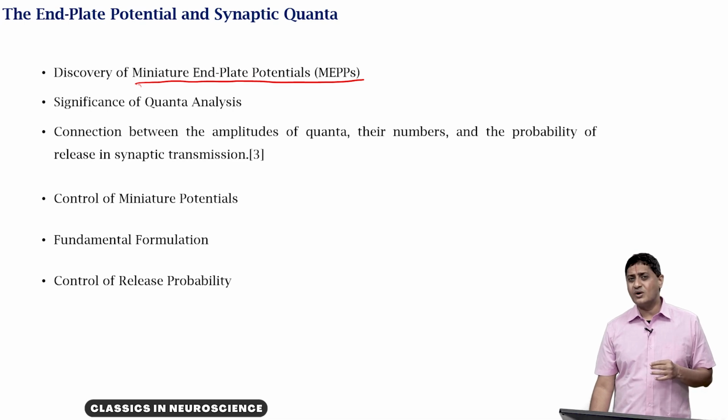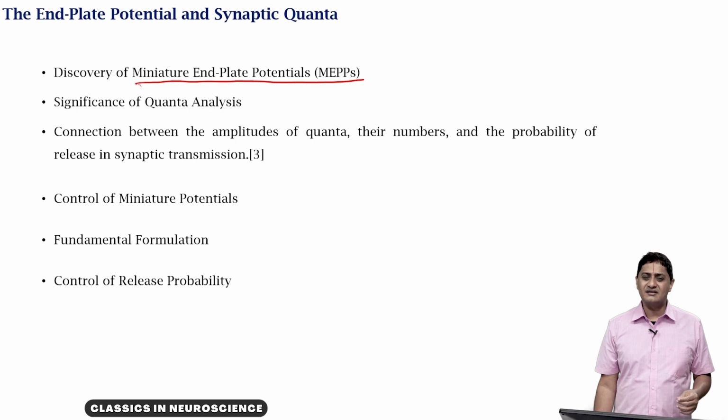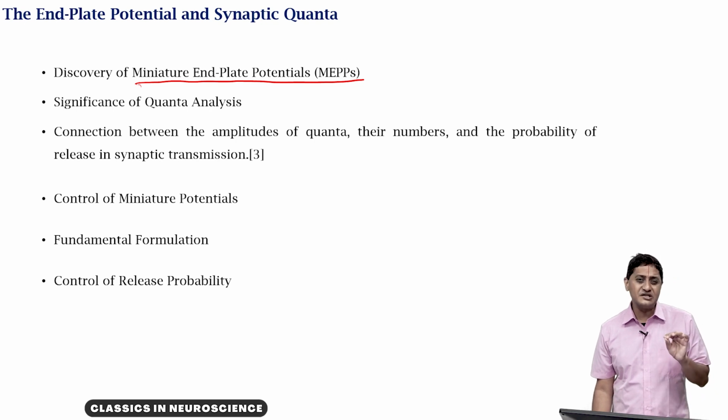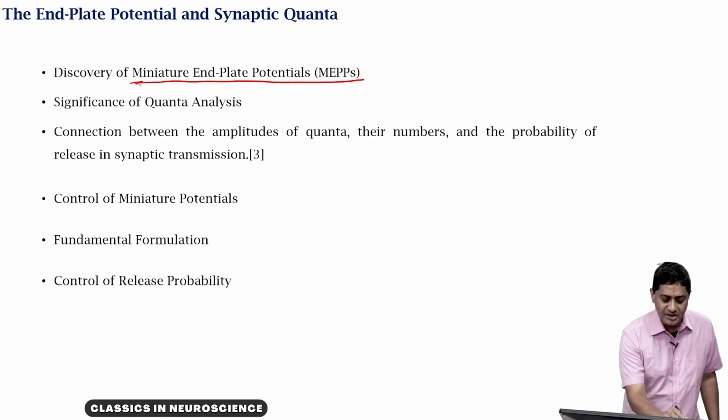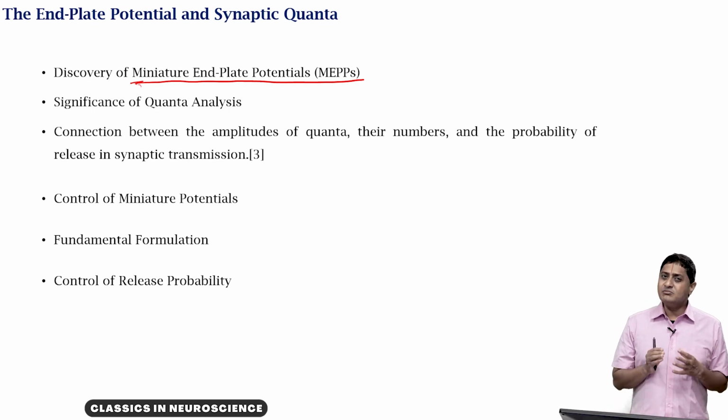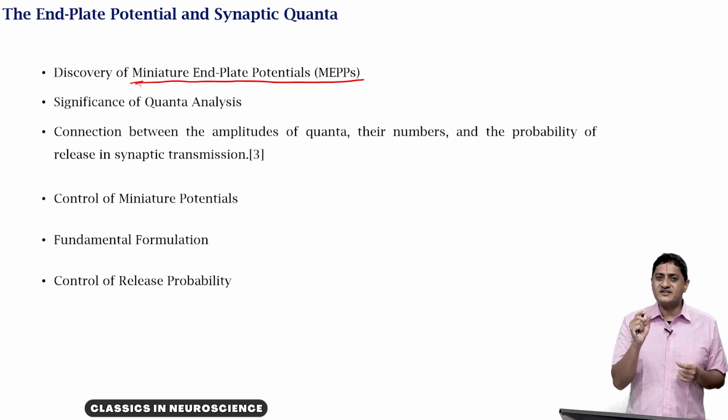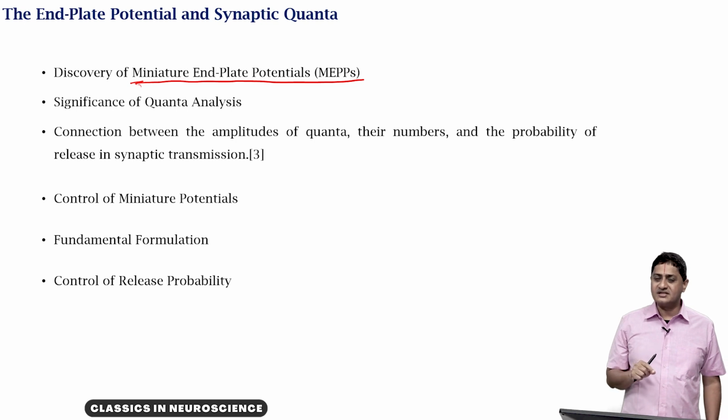But when one vesicle releases its neurotransmitters, that is called the smallest functional unit of action, the miniature end plate potential, the end plate potential that would be produced by one vesicle, not one molecule of acetylcholine. In this case, because we are studying the neuromuscular junction, the neurotransmitter is acetylcholine.